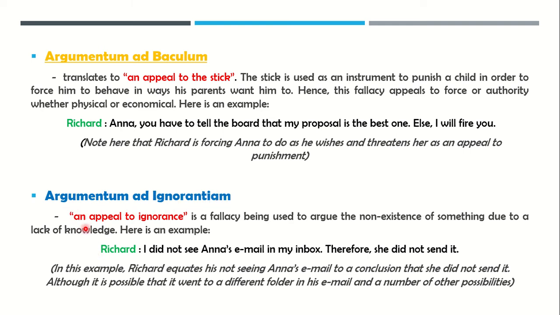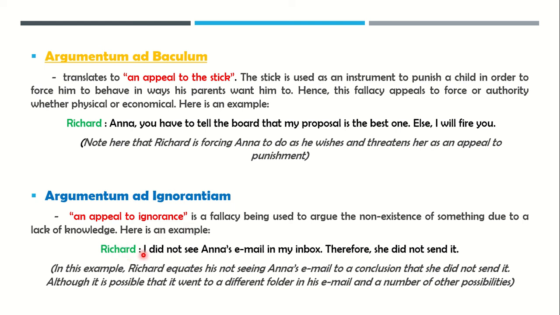So, this refers to an appeal to ignorance. An appeal to ignorance, or argumentum ad ignorantiam, is a fallacy used to argue the non-existence of something due to a lack of knowledge. So here is an example.